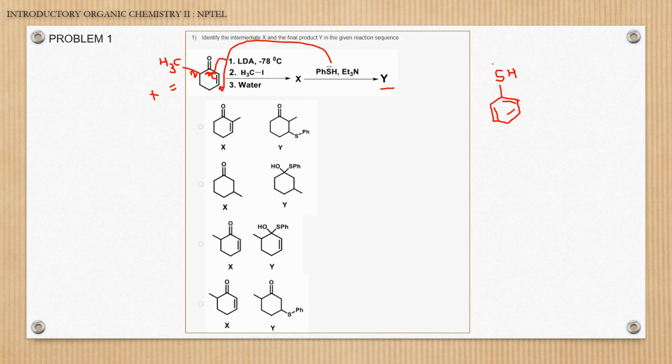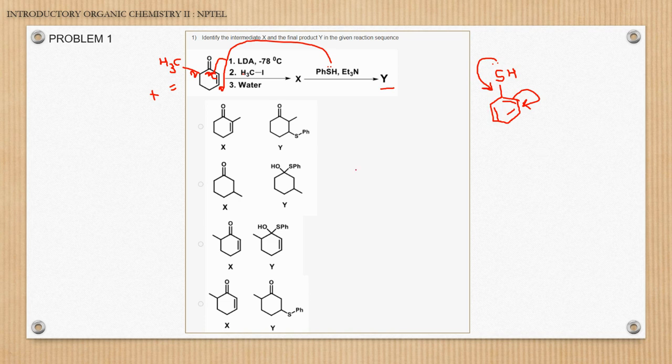Why? Because I have told you previously that nucleophiles which have delocalization behave as soft nucleophiles, right? We have talked about it in the HSAB theory that a hard nucleophile will attack a hard position and a soft nucleophile will attack a soft electrophile.